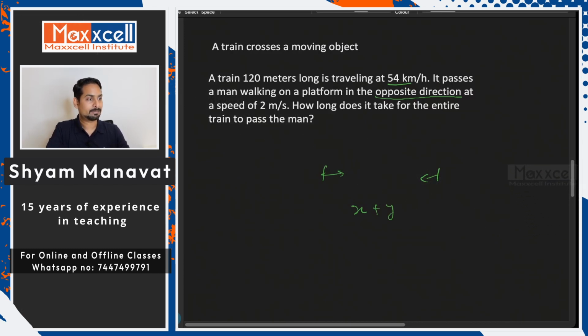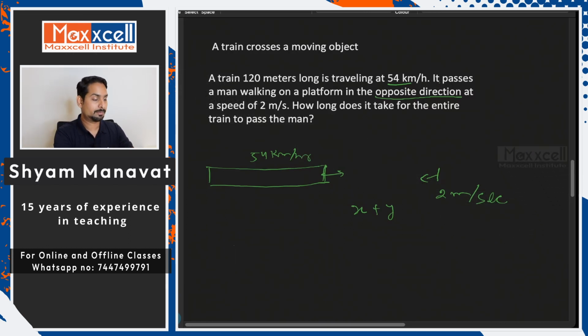So the speed of this man who is walking is 2 meters per second, and the speed of the train is given as 54 kilometers per hour. We have recently converted 54 kilometers per hour into meters per second. How did we do it?